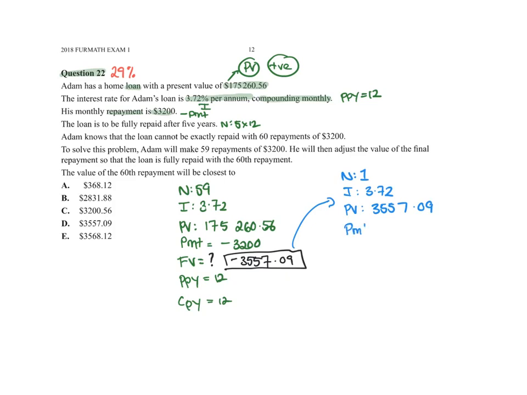The payment is what I want to know. And FV, because now he's going to zero it off, because that'll make 60 payments, and then PPY is 12. We do that, and we end up with 3568 and something like that.